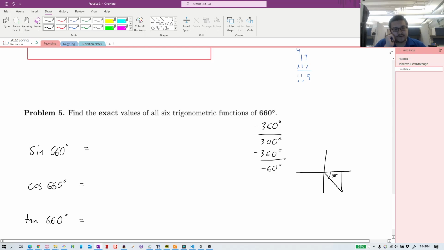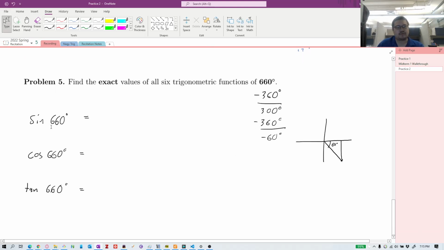For this, first, I think about the representative angle. This 60 degrees is the representative angle, although the actual angle to work with is the negative 60 degrees, because this one is equivalent to the 660. The 60 degrees being the representative angle just means that it's the correct value up to positive or negative.